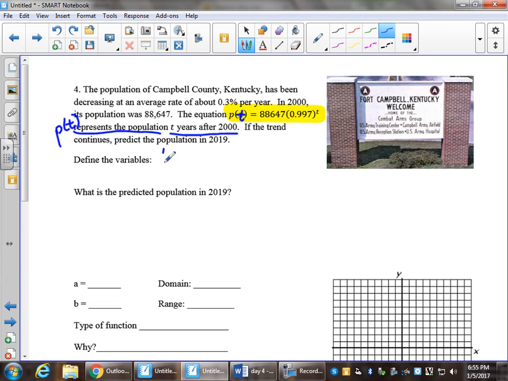So by reading carefully, I right away know that T is the number of years after 2000, and P of T represents the population, the number of people. For 2019, you have to ask yourself how many years after 2000 is 2019.